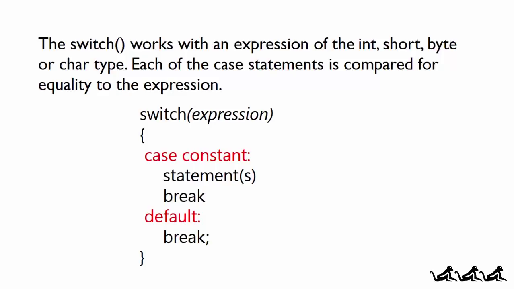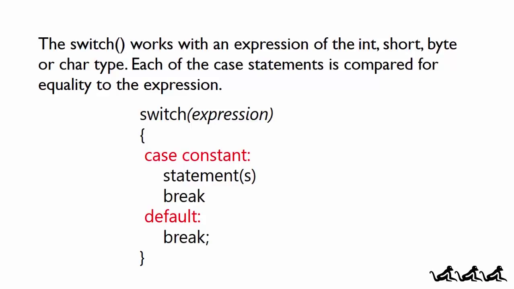It works with certain data types: integers, short integers, bytes, and characters. But apart from that quote-unquote limitation, it's really a useful construct, and it works this way. The switch keyword is then followed by the expression that you're going to evaluate. So let's say menu choice. Okay, so choice, whatever the user has entered for their choice.